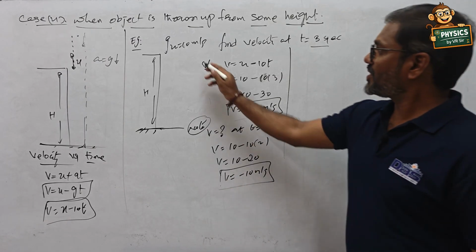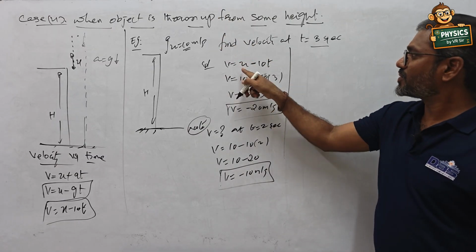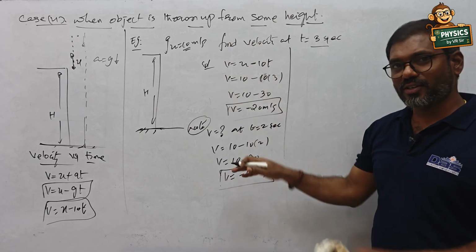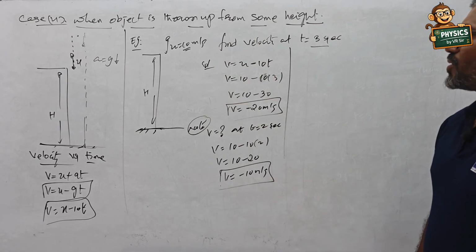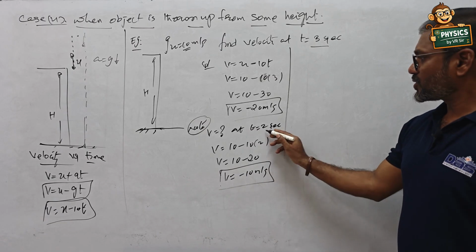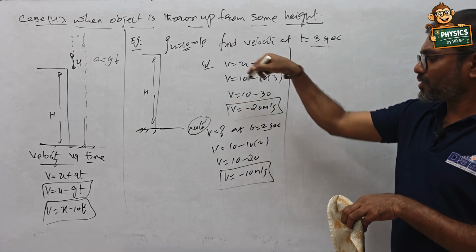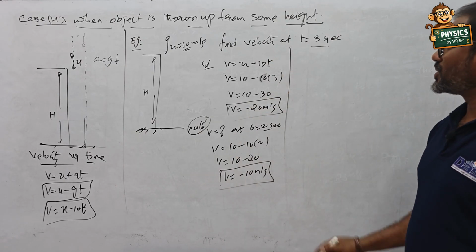Good. Now what is the initial velocity? 10 meters per second, positive, upward. We took it as positive because we are following upward as positive and downward as negative. Now the velocity is minus 10. What does it mean? After 2 seconds the velocity is equal in magnitude to the initial velocity, but opposite in direction. How is it possible?